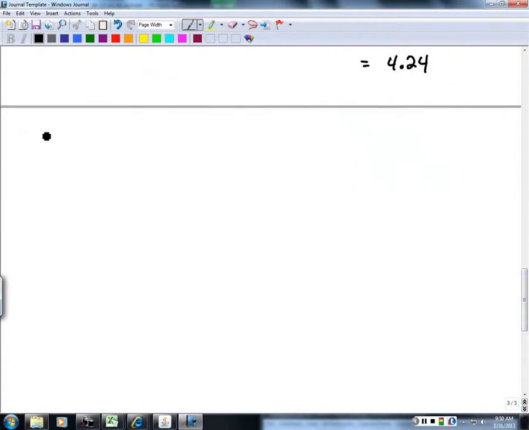So the deviation from the mean can be positive or negative.